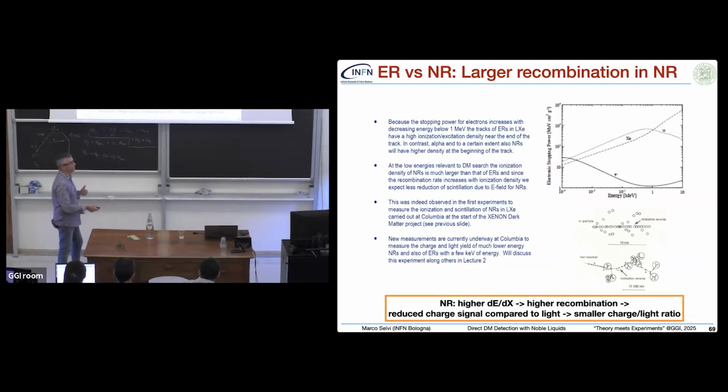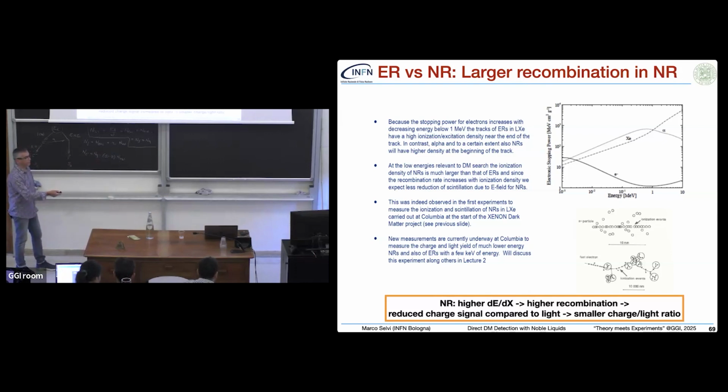The second one is that the recombination depends on the electric field, but once you fix the electric field, it depends mostly on the specific energy deposition. In the case of nuclear recoil, you have in general a higher dE over dx, as you can see from the microscopics of this particle.